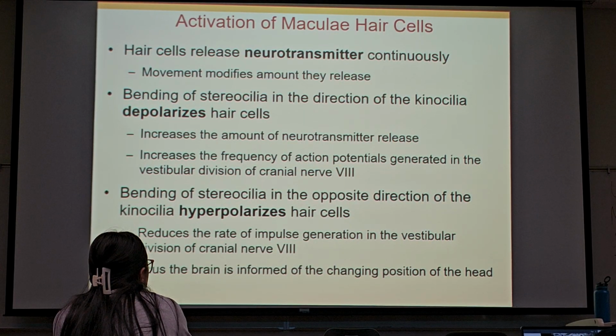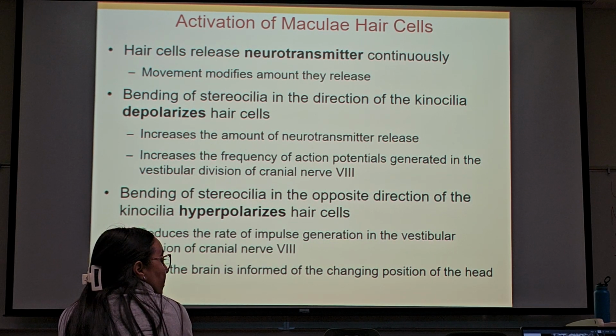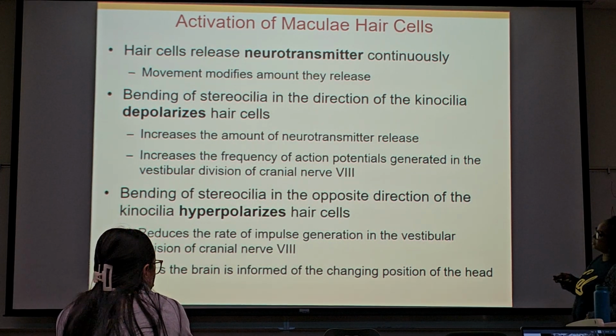That means we're going to reduce the signal. You'll learn more about that when you get to physiology. But either secreting more neurotransmitter or secreting less is telling the brain two different things: the different ways our head is moving, the different changes in the position of our heads.